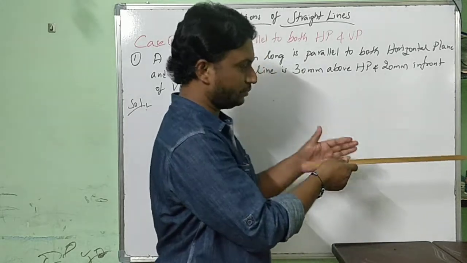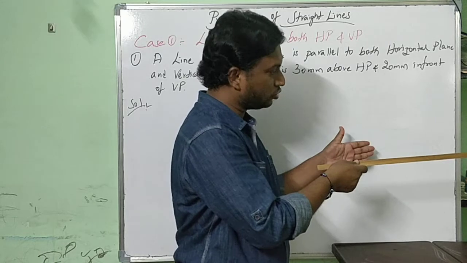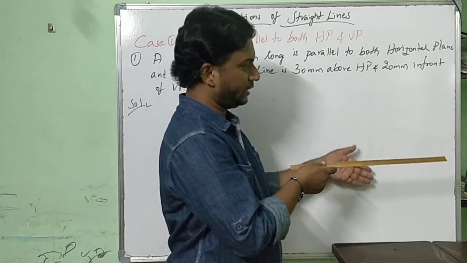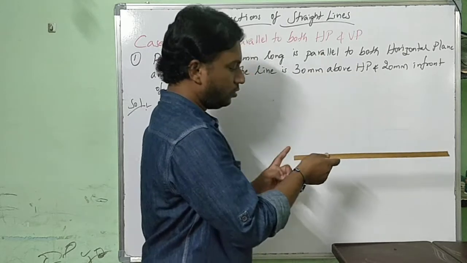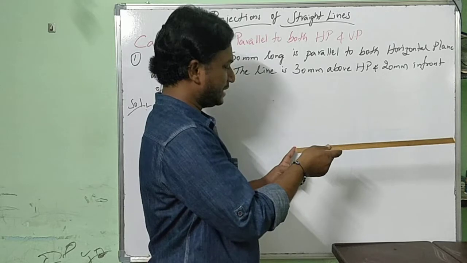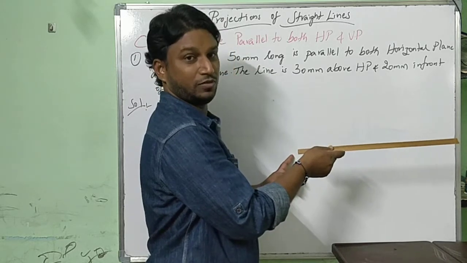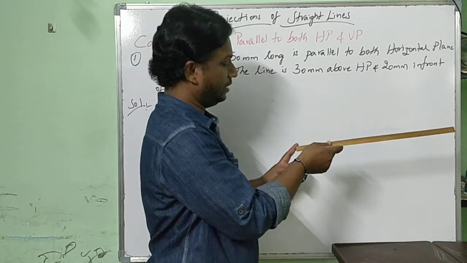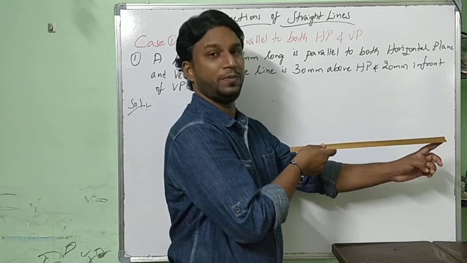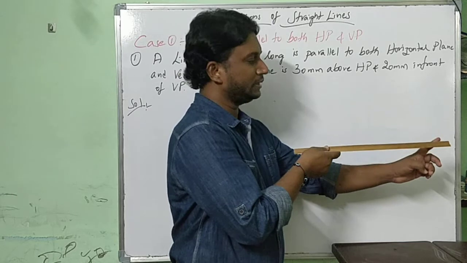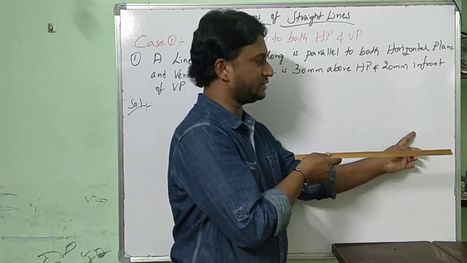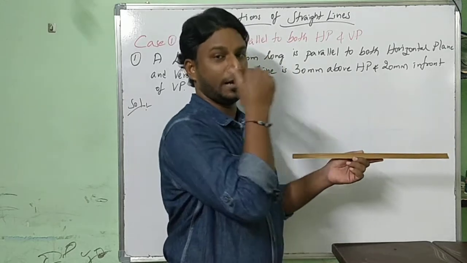Now coming to this position, this line is parallel to the vertical plane also, right? How about this vertical plane? Point A, as I said earlier, is at some distance d from the vertical plane. Another endpoint of the straight line, point B, is also at the distance of small d from the vertical plane.